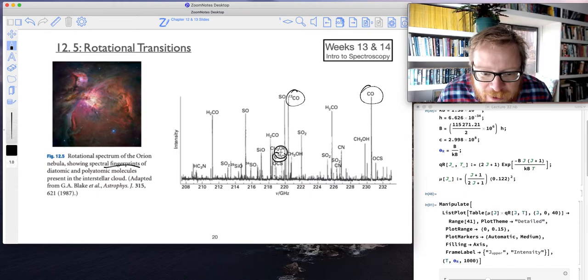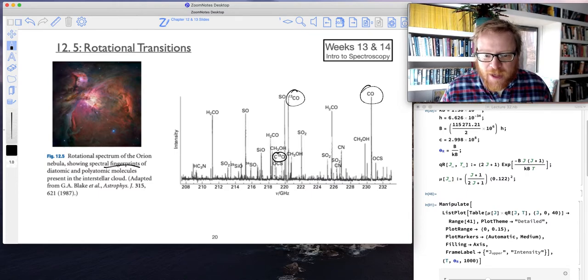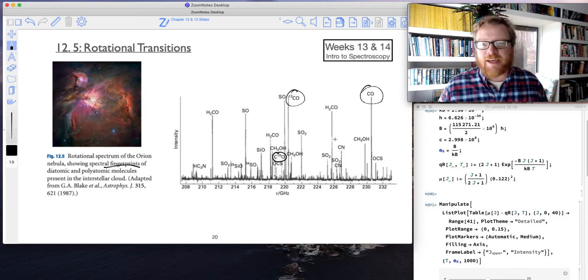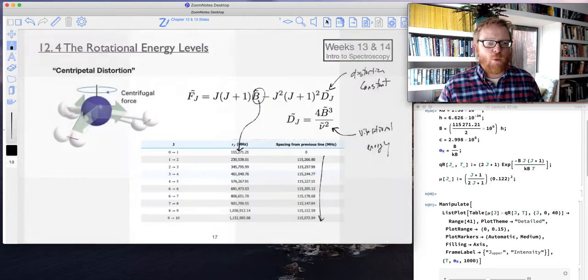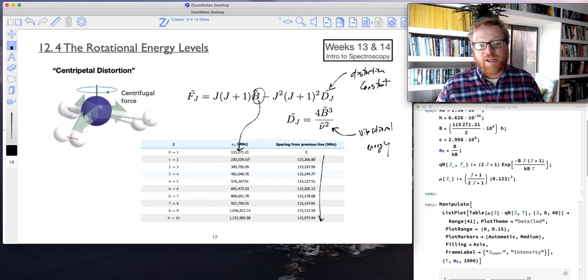Here's a carbon-18 oxygen. And if we look at what peak we're looking at here, this is around 230 gigahertz. If we back up for just 1 second to this table of values, check it out. So 230 gigahertz, that's the same as 230,000 megahertz. Okay, so that was the 1 to 2 transition.